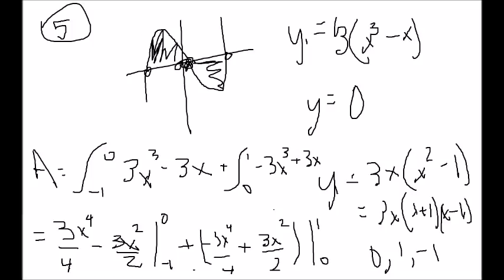Alright, so 3/4 minus 3/2 plus negative 3/4 plus 3/2. Oh, whoops. We had to remember to subtract, so whoops. 3/4 negative 3/4 plus 3/2. Okay, so the answer should be 3/2.